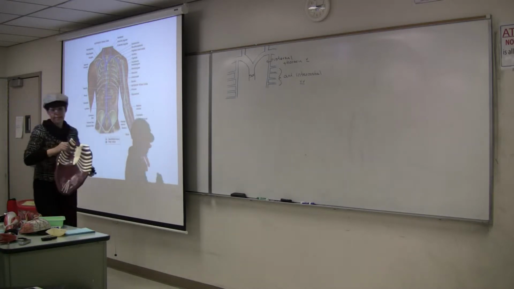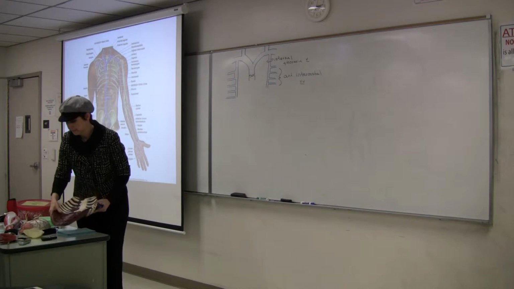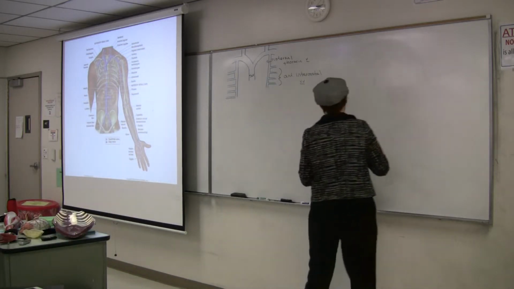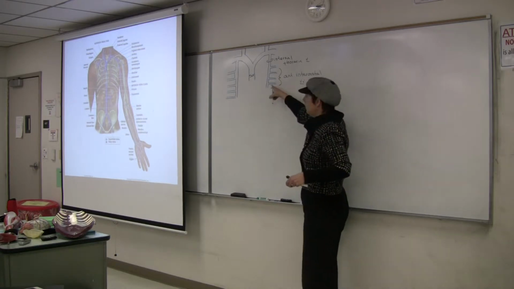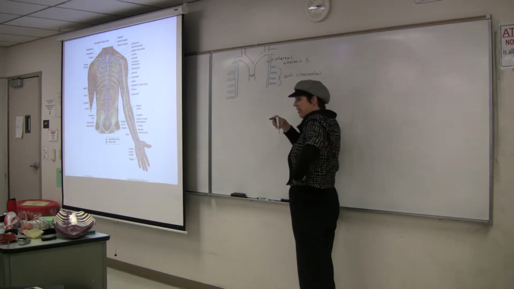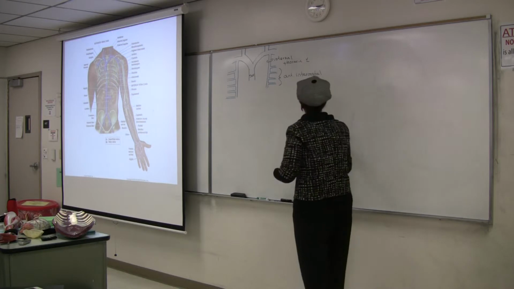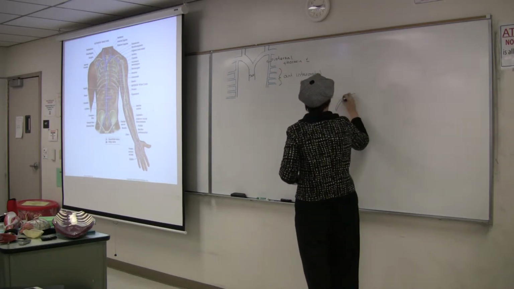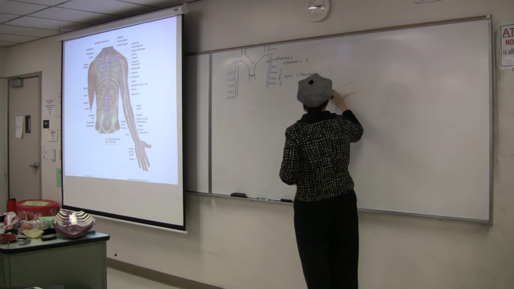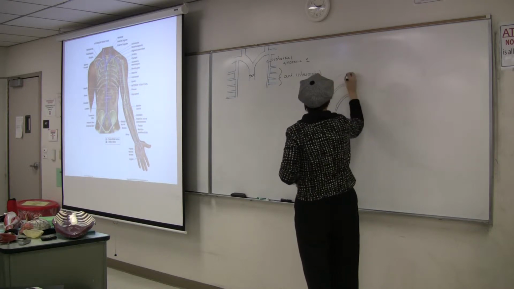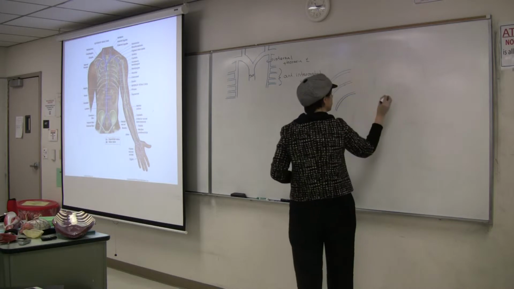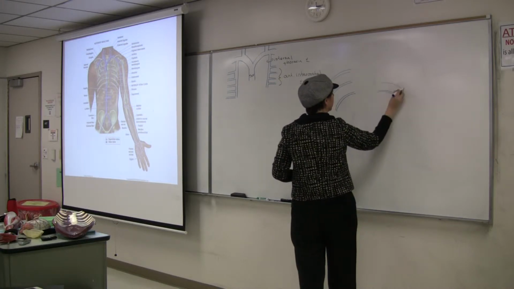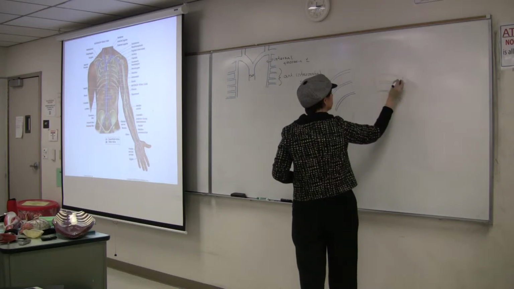It's the posterior system that is different. So our posterior intercostal veins are going to join together and they're one continuous vessel, all right? So we have our posterior intercostal veins coming back between the ribs, but there is no inferior vena cava up here to pick them up.